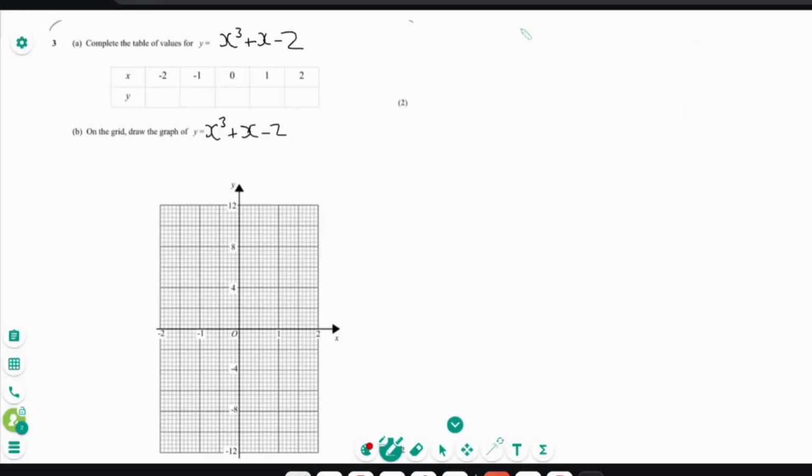What about a cubic graph? Well, a cubic graph has an x cubed term in it. So let's put these values in. 2 cubed plus 2 minus 2 is 8. 1 cubed plus 1 minus 2. 0 cubed plus 0 minus 2. Minus 1 cubed plus minus 1 minus 2.